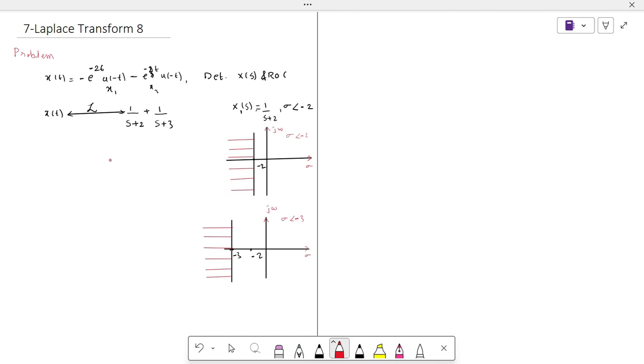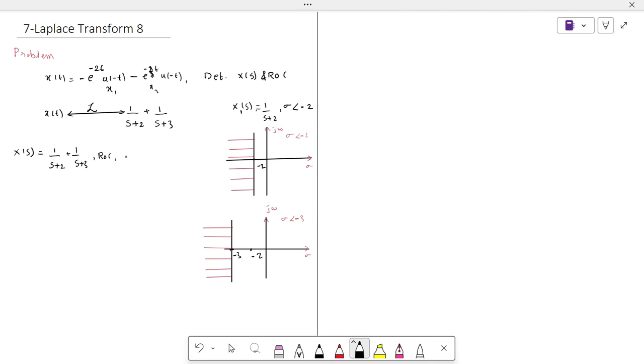From this common area, X(s) equals 1 by s plus 2 plus 1 by s plus 3.